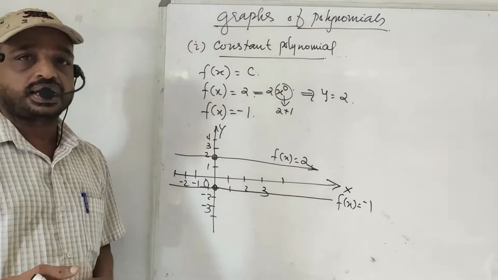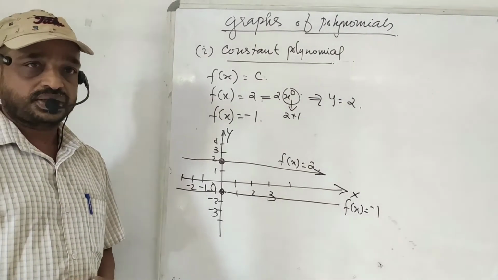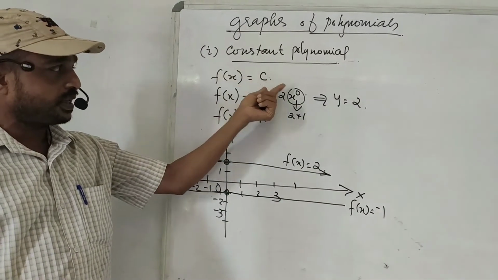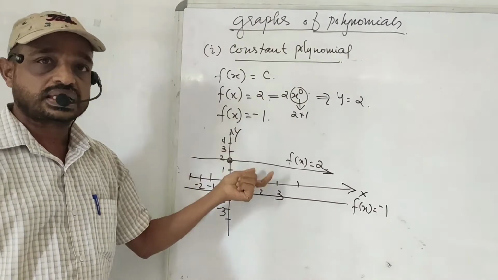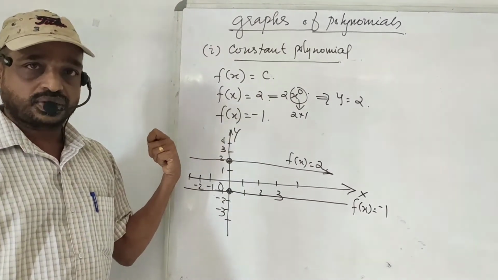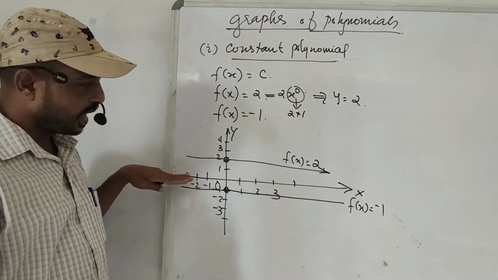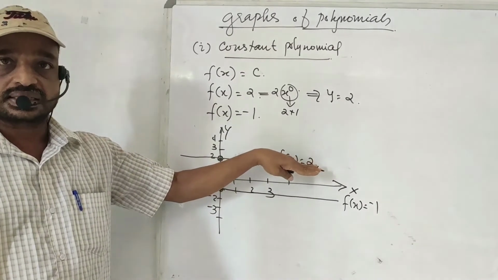A constant polynomial has no zero because its graph will not intersect the x-axis.